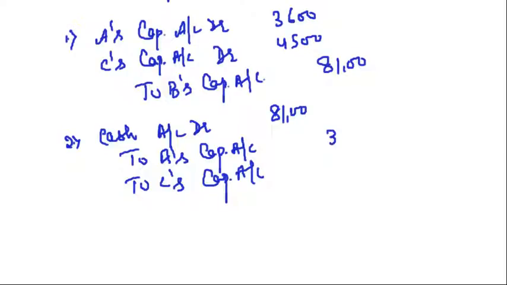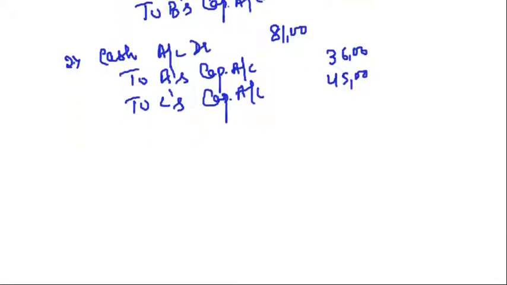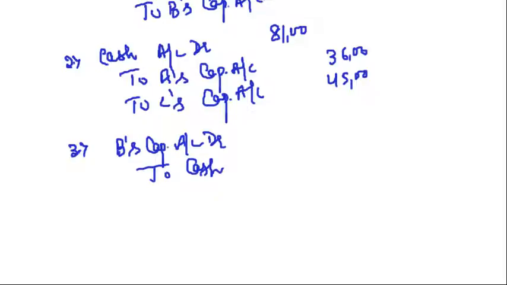For this, 3600 will be brought by A and 4500 by C. Now this cash is to be paid to B. So we'll say B's capital account debit to cash account, 8100. Clear?